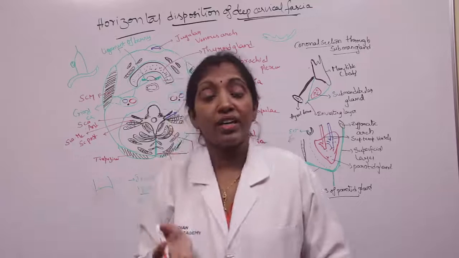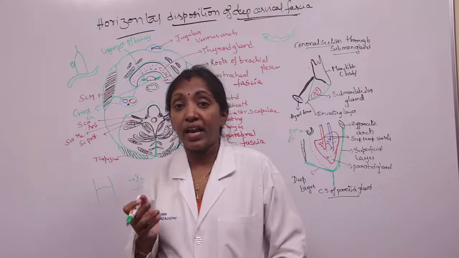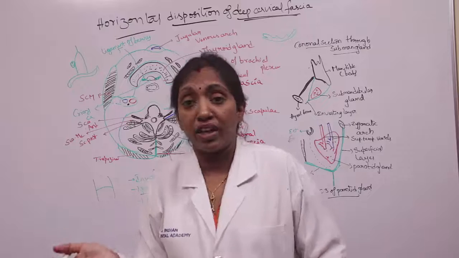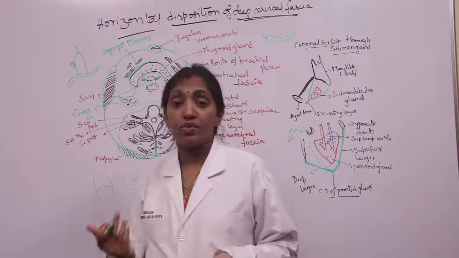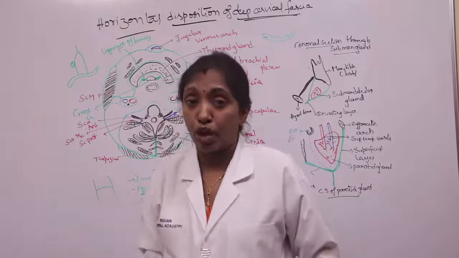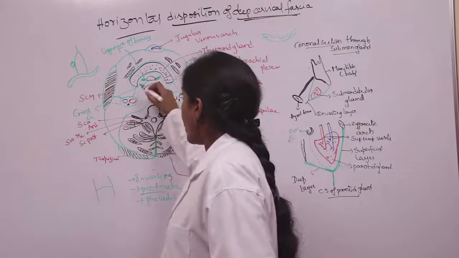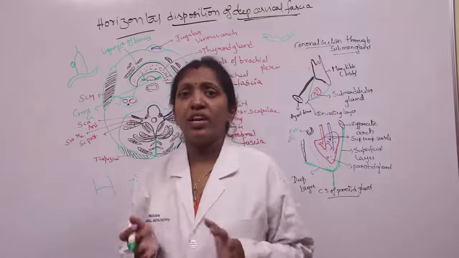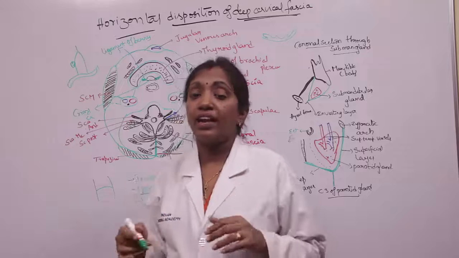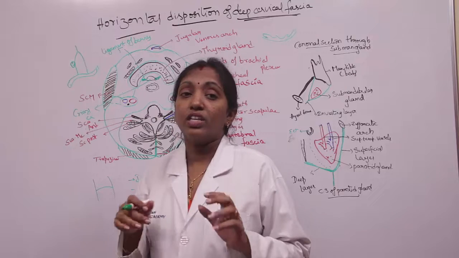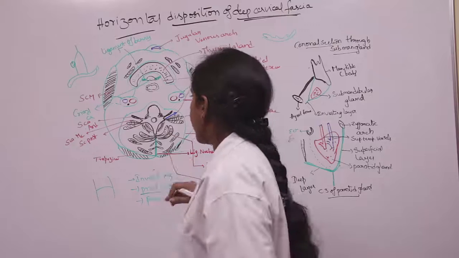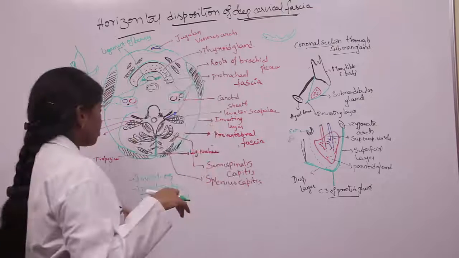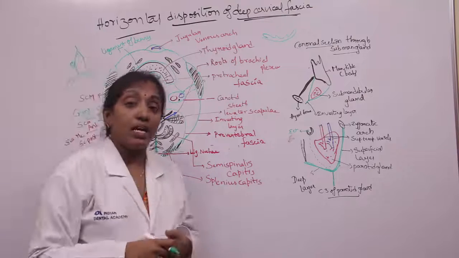The posterior layer covers the posterolateral surface of the gland. It is ill-defined, very thin, and continues with the fascia of the opposite side. Because the posterior layer is very thin, the swelling of the thyroid gland extends backwards, causing esophageal obstruction called dysphagia. So that's the pretracheal fascia horizontal disposition.